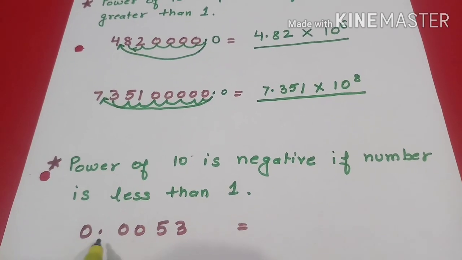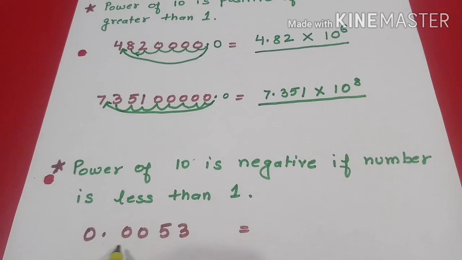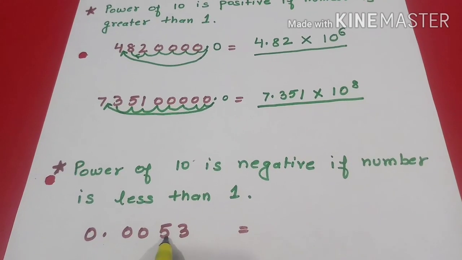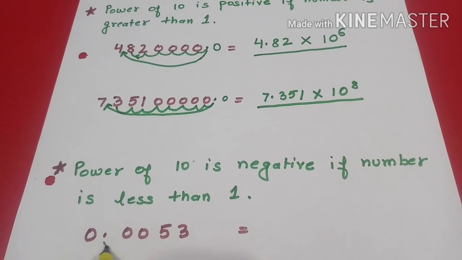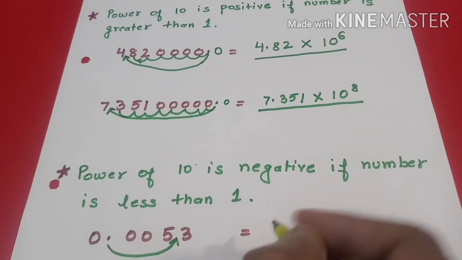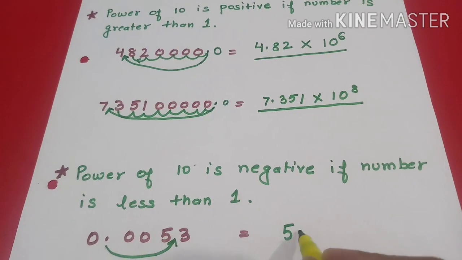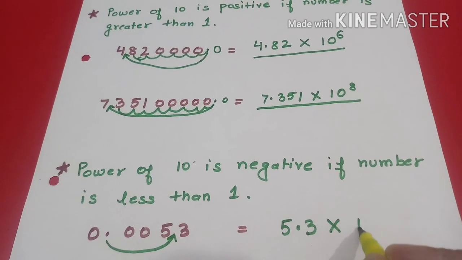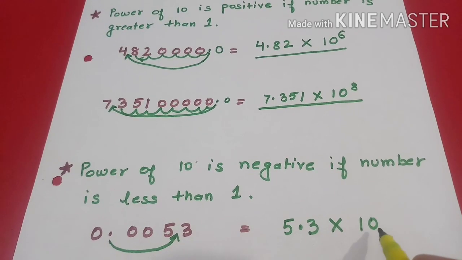First we have to shift this decimal after the first non-zero digit from the left side. The first non-zero digit is 5. So we will shift this decimal after 5. So my number part is 5.3. And now come to the power of 10 part. What will be the power of 10?